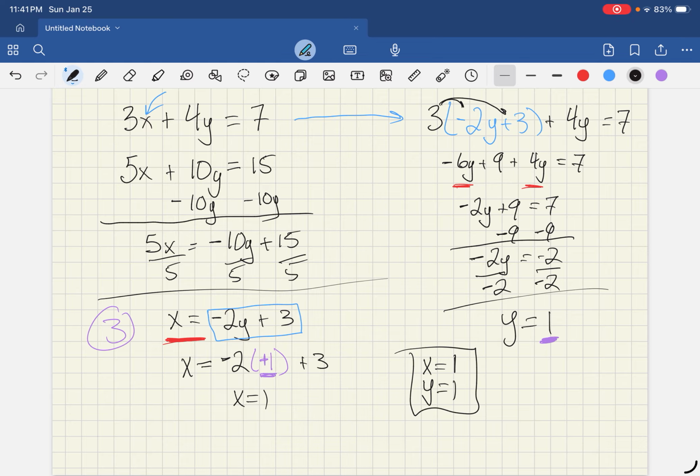That is my solution. Now, if you are looking at this problem and you're going, wow, I don't like this, I wish there was an easier way. Well, the neat thing is there's another method we'll talk about when I come back.